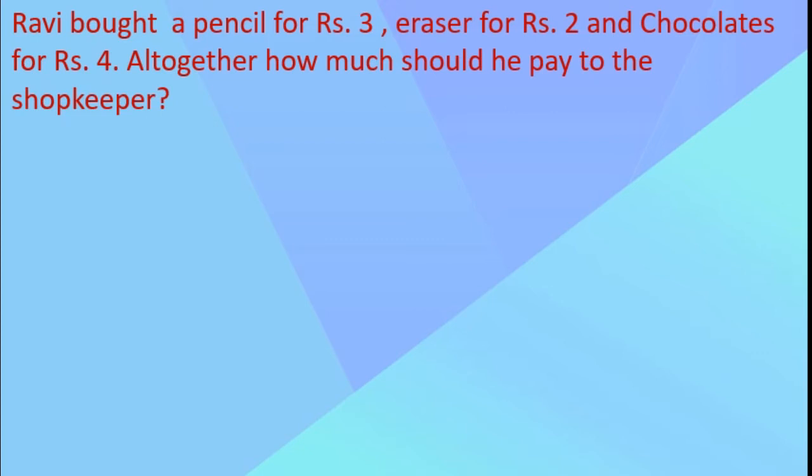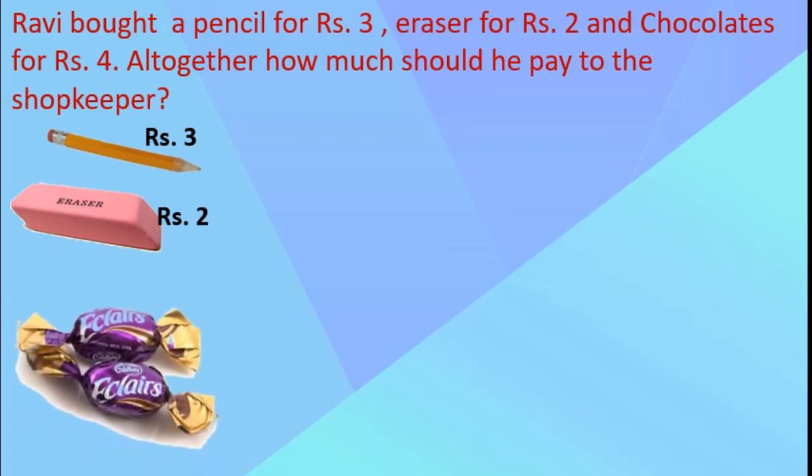Yes, Ravi went to the shop and he purchased 3 items. First, he purchased a pencil for rupees 3, an eraser for rupees 2 and chocolates for rupees 4. Now altogether how much should he pay to the shopkeeper? Means we have to add this.